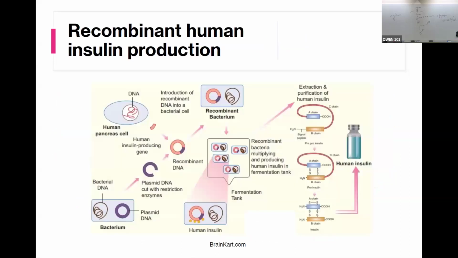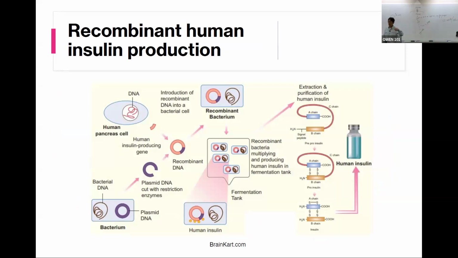This is very briefly how insulin is made, by recombinant processing. Basically you take the DNA from humans and then you take the plasmid from bacteria and you ligate them together, and you get this recombinant DNA. Then you put that recombinant DNA in E. coli or yeast and you express it.